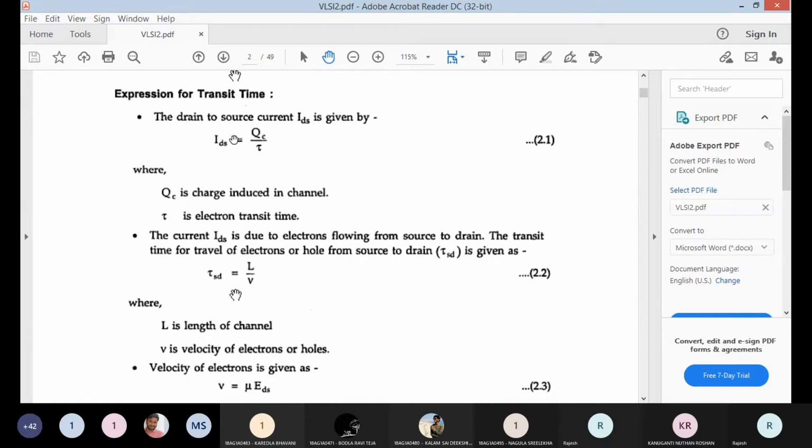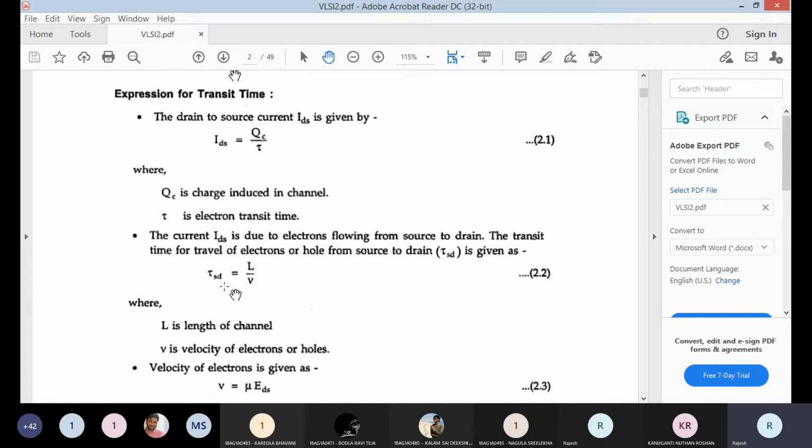So the first equation, if you remember, is IDS equal to QC divided by tau. Tau is nothing but the transit time for traveling of electrons or holes, because if you cover PMOS devices, we get the same derivation. That's why it is written as tau SD.